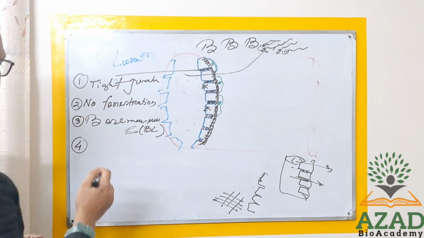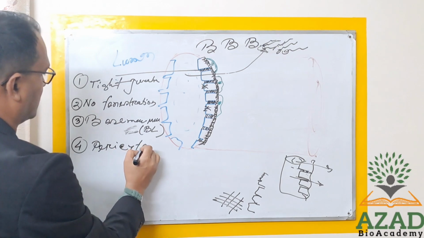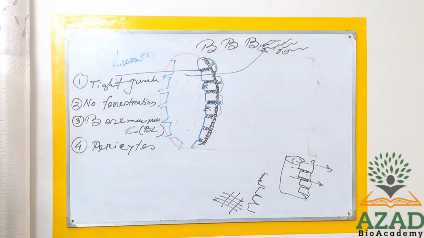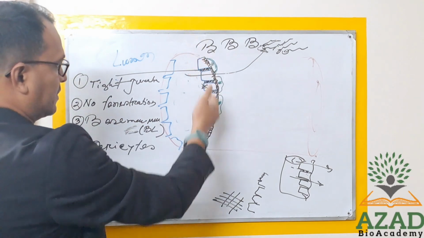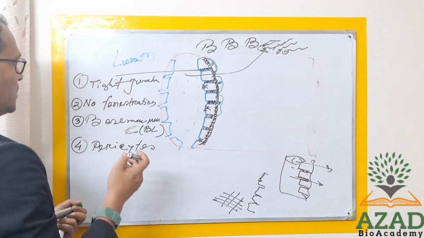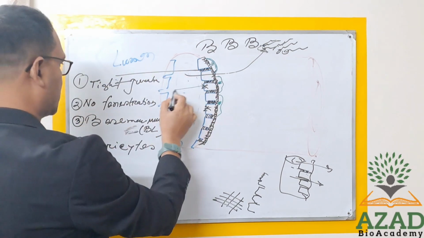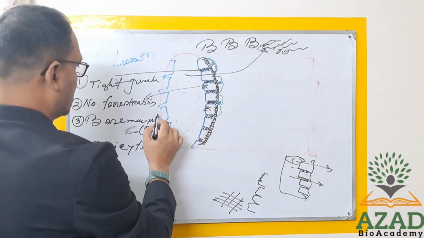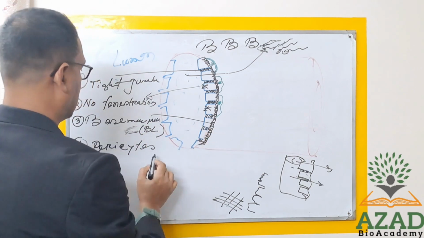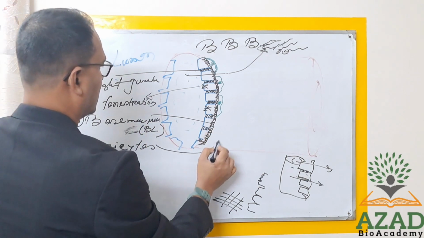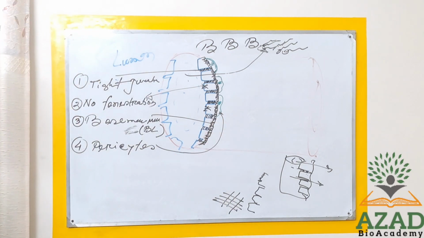Okay, that is called pericyte. Those pericytes just maintain the basement membrane. Okay, so this is tight junction, no fenestration, and you can say this is basement membrane and this is pericyte.